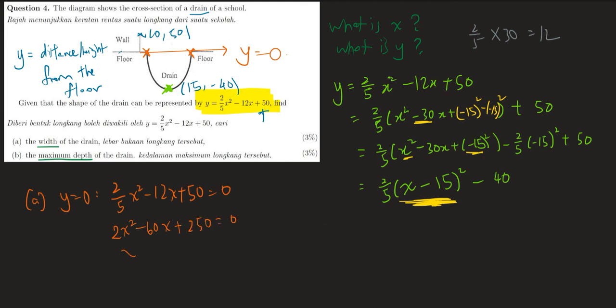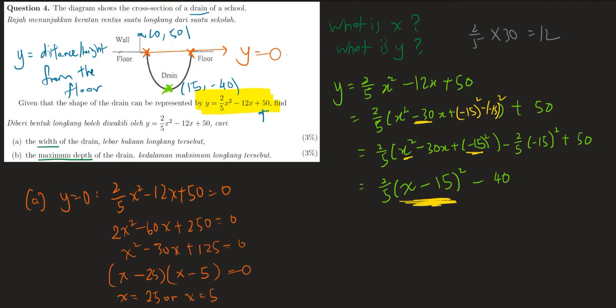And then I divide everything by 2. And then here I can do my factoring. 2 brackets. This is 25. This is 5. Equal to 0. From here we can solve for our values. x must be 25 or x must be 5.